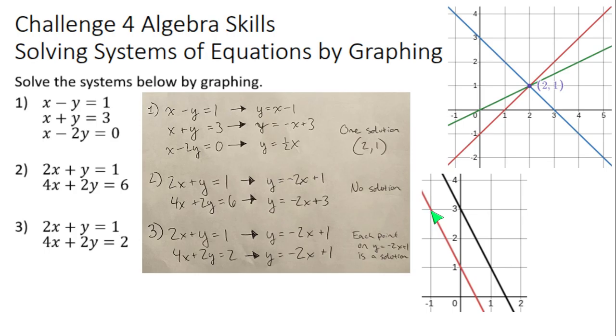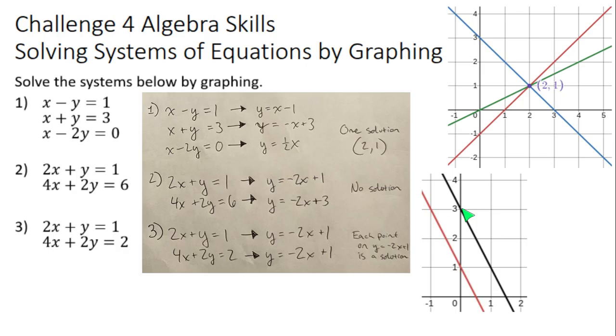Same slope, one to the right, 2 down, but different y-intercepts. This has a y-intercept of 1, and the bottom equation has a y-intercept of 3. So if they start, as it were, at different y-intercepts and have the same slope, they're never going to meet. Bummer. They have so much in common, but they'll never meet.